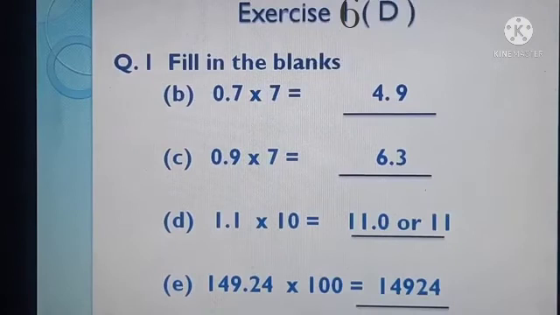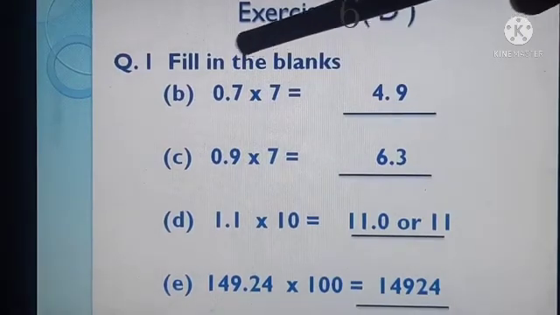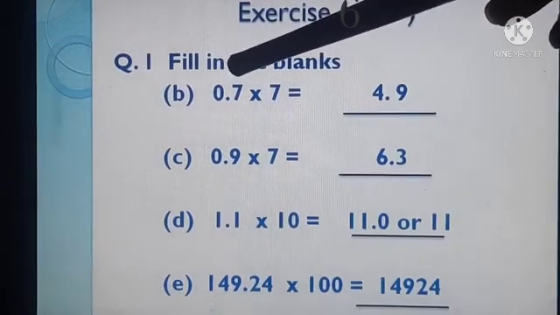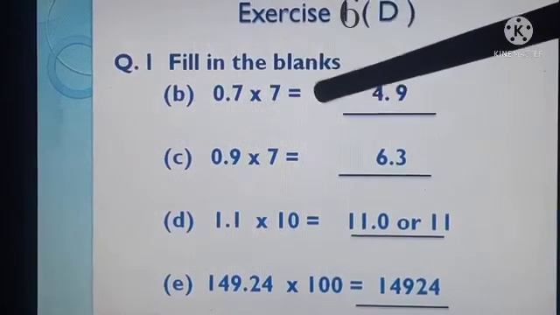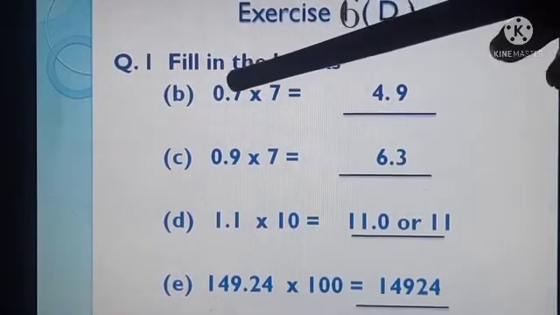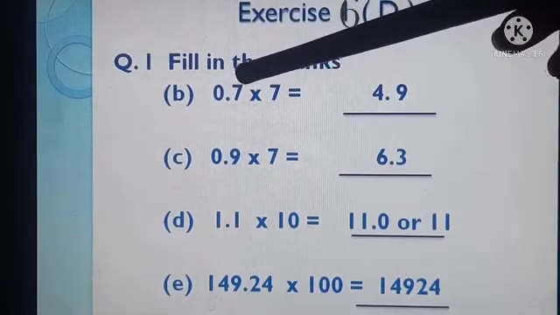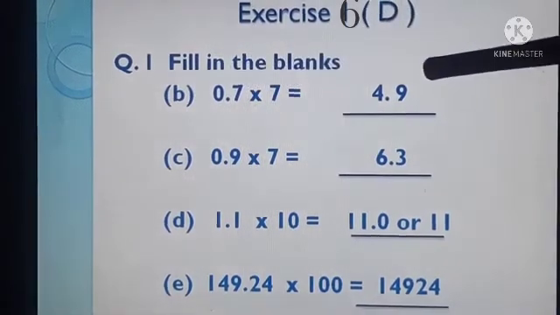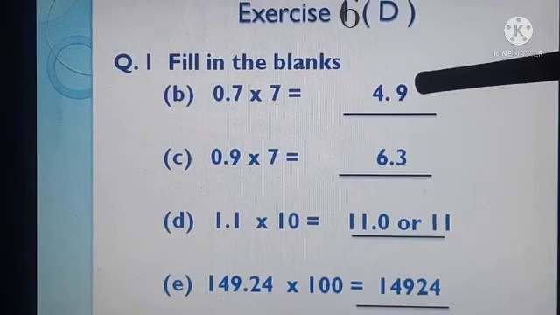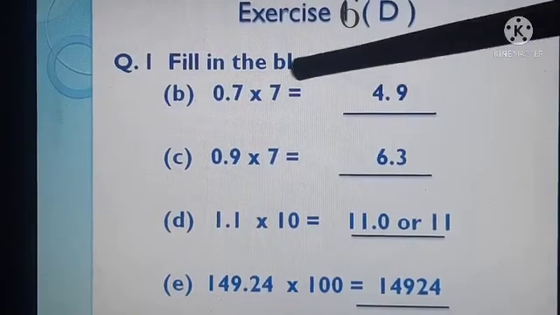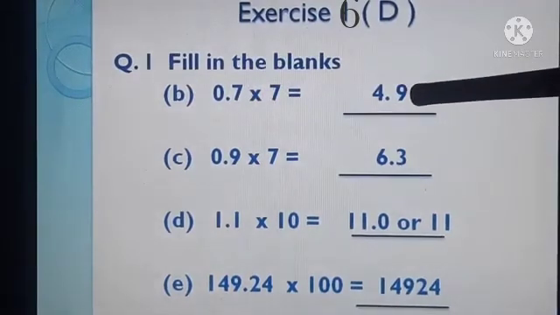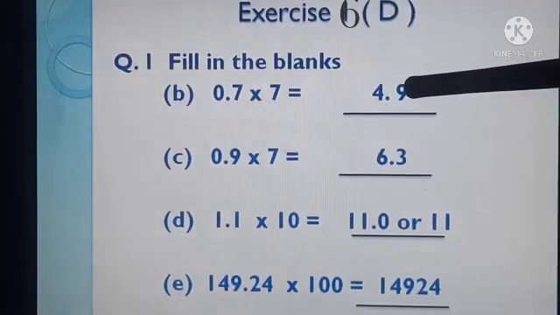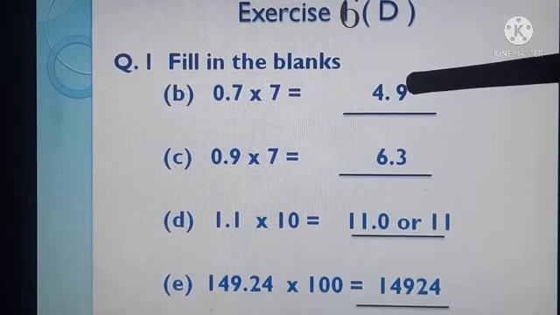First question, filling the blanks. 0.7 multiplied by 7. So, when we are multiplying, first of all, we will leave decimal. 7 7s are 49. Now see, after decimal, how many total digits are there? 1 only. So, in our answer also, after decimal, we want 1 digit. So, we will start from the last digit and then 1 we want, that is 9.